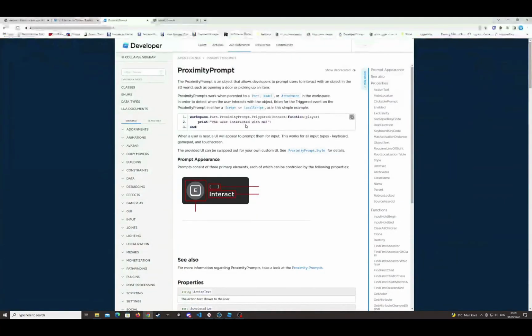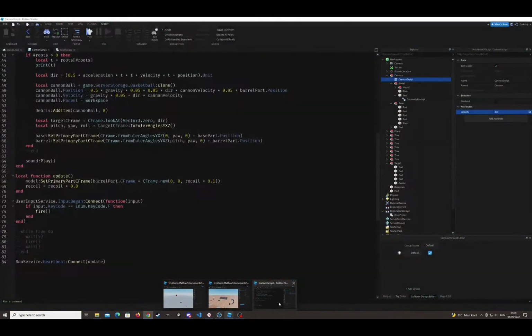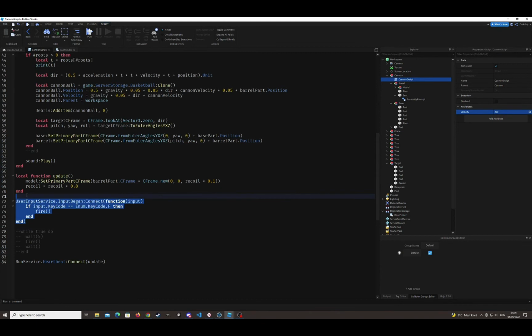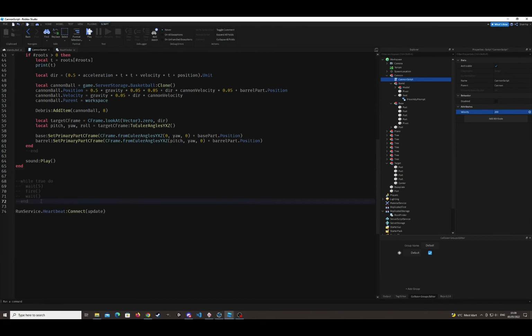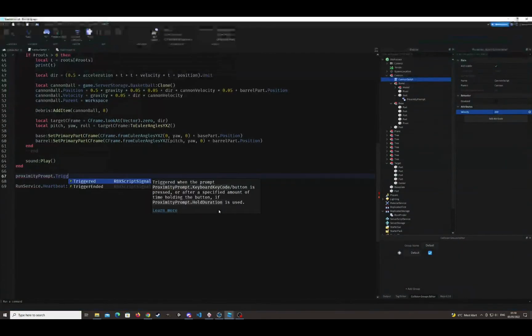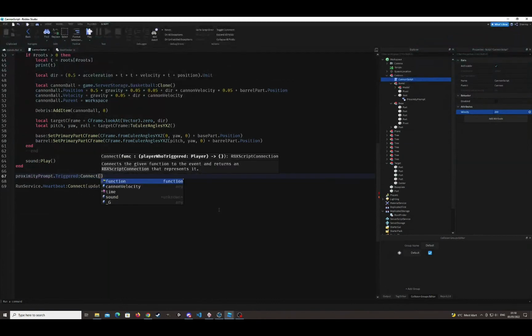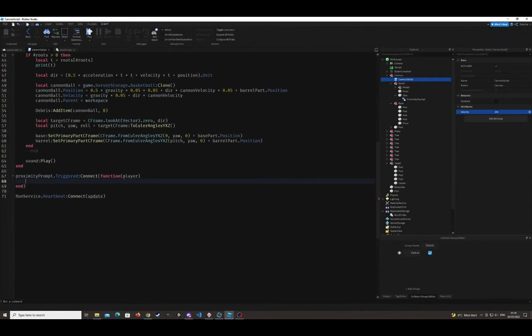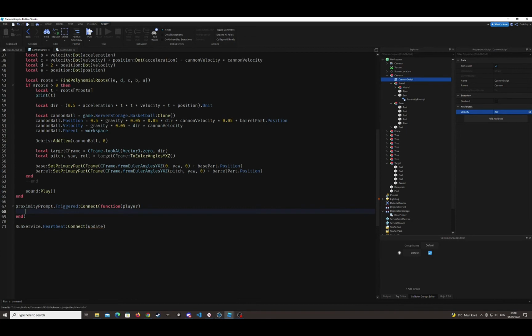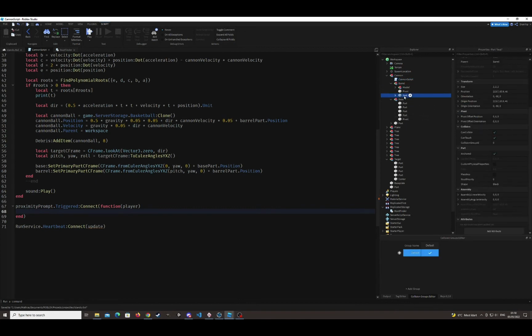Let's see. So for the proximity prompt, okay, down here we could say proximityPrompt.Triggered:Connect a new function, passing the player who used the prompt. Let's try to weld the player to the seat if we can.